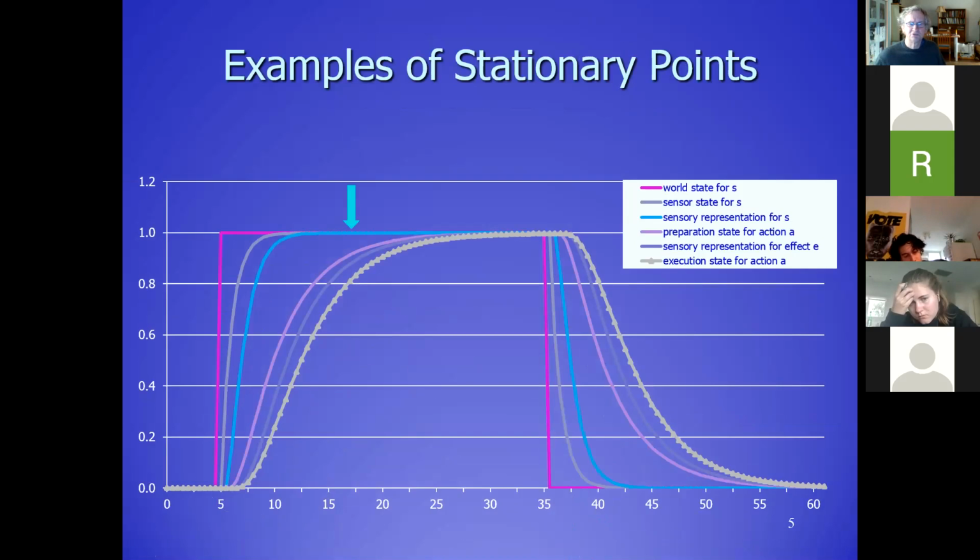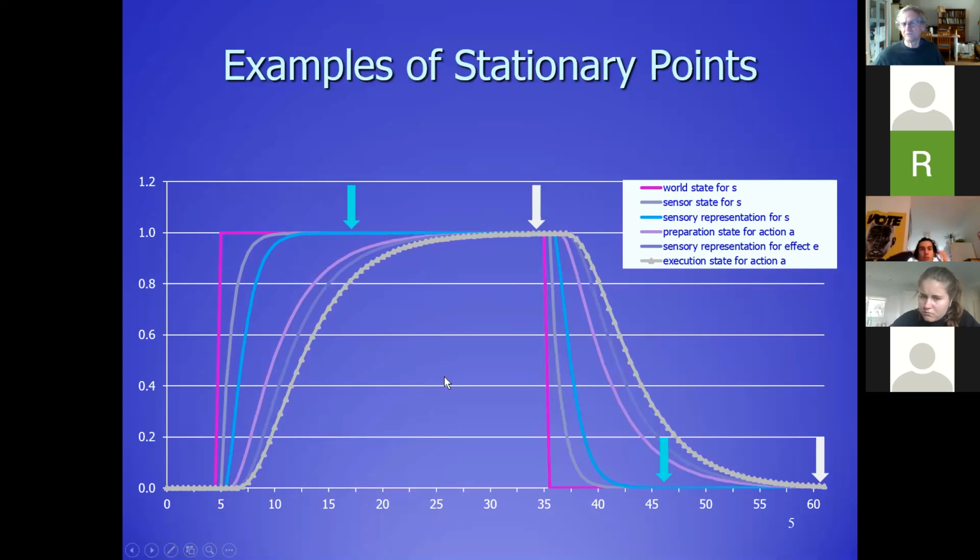Stationary points are just where the graph is flat for a certain curve. For example, this is a stationary point for the blue and for the gray line, also of the red, of course. And this is for most lines a stationary point here. There is also one for the blue and the gray line, and also here for more other lines. So that's the idea, the points where the graph is flat.